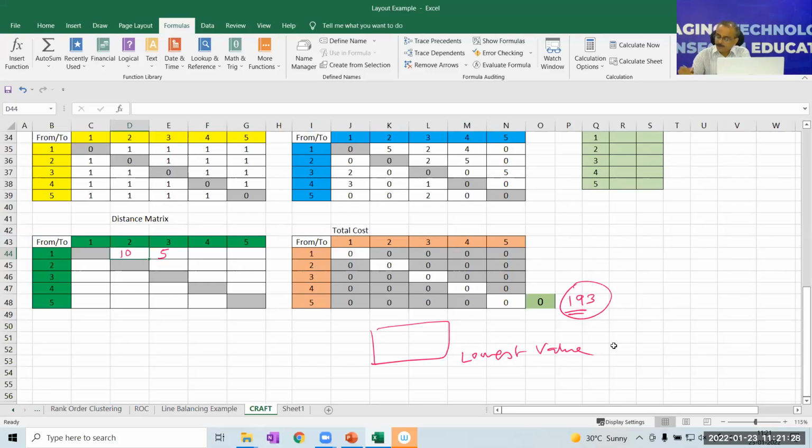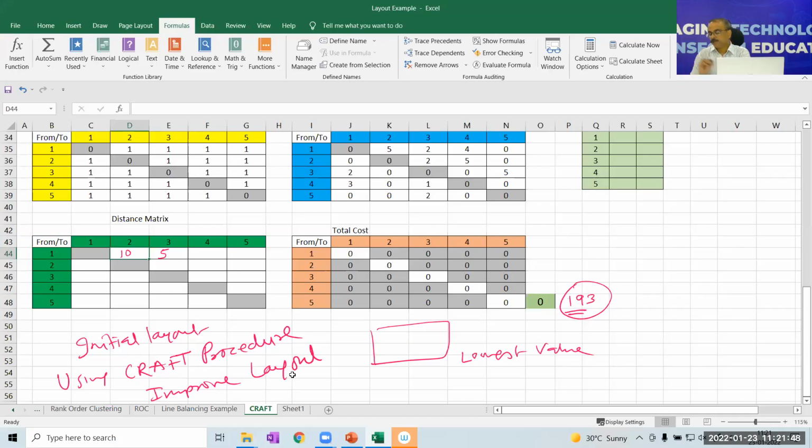So in this way, based on the creation of the initial layout, using the CRAFT procedure, you can improve the layout. This is how you can improve the layout based on the CRAFT principle.